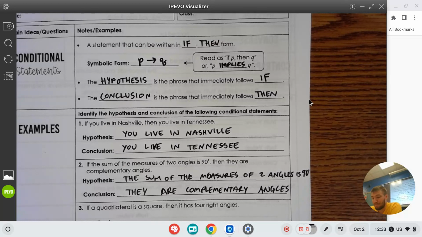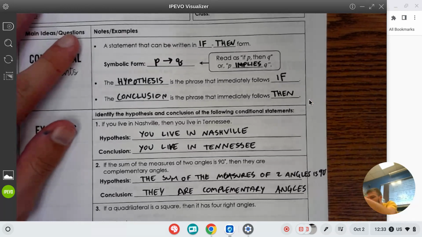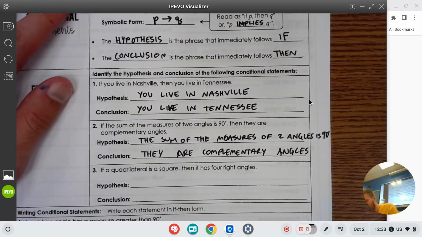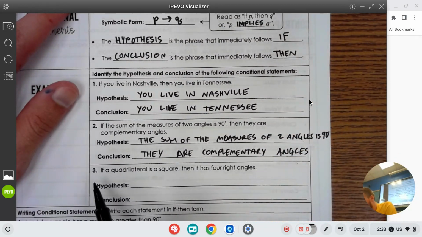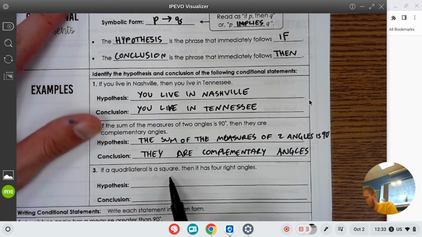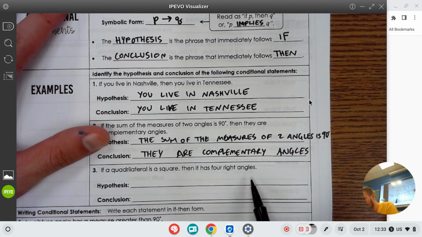Again, it probably hardly feels like math, okay? It's really just breaking down sentences and ifs and thens. Number 3, thankfully, we got a little bit less to work with here, okay? If a quadrilateral is a square, then it has 4 right angles.